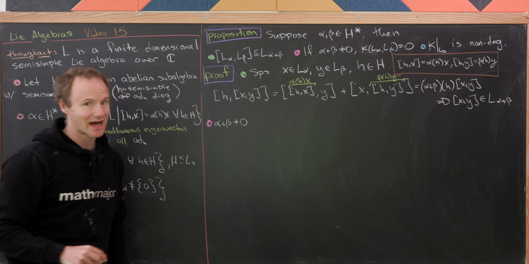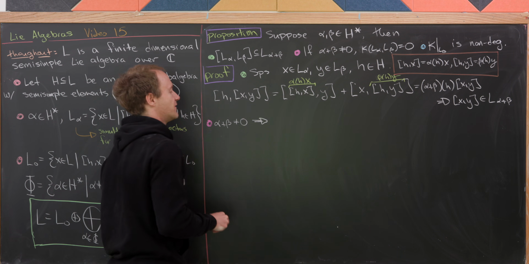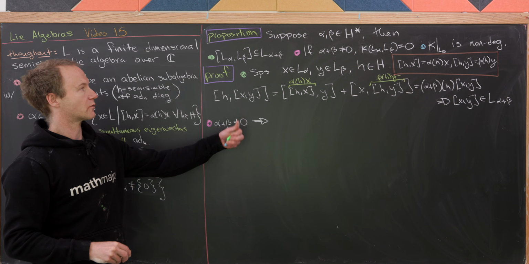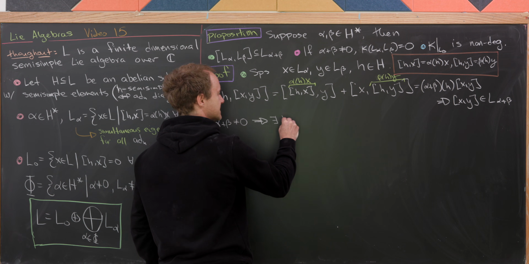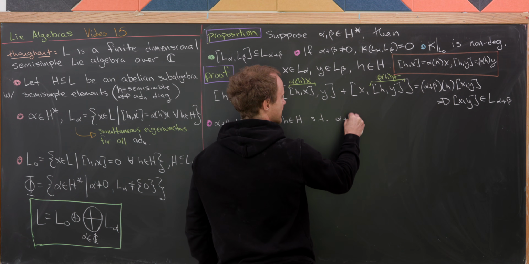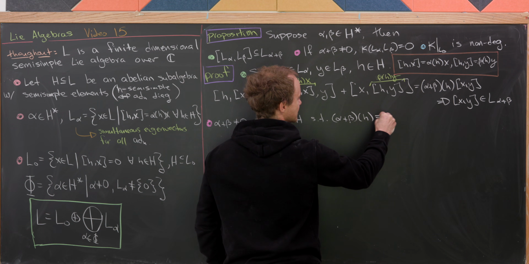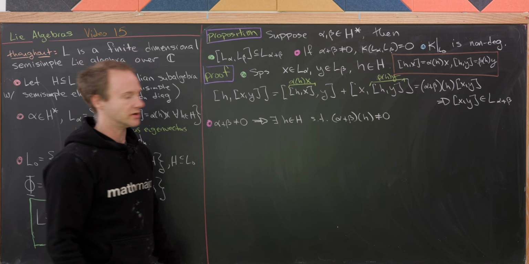That means it's not the 0 map, so it takes on a non-zero value somewhere. Recall that it acts on elements from H. So in other words, there exists an H inside of H such that alpha plus beta applied to H is not equal to 0. Okay, good.